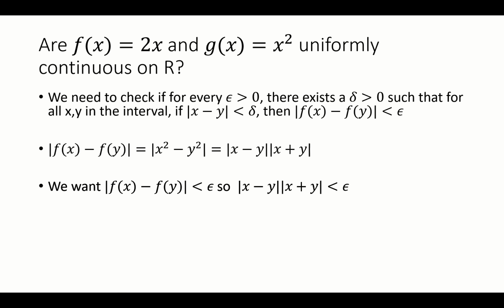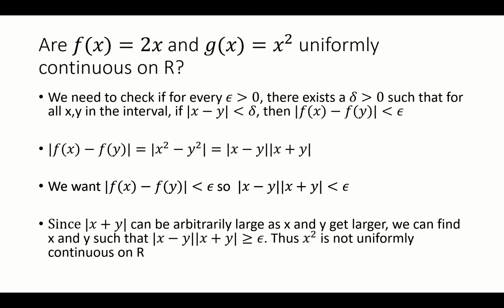So if we consider the expression the absolute value of x plus y right here, we see we have the absolute value of x minus y multiplied by the absolute value of x plus y. Basically, if we make x and y arbitrarily large, then this will no longer depend on epsilon. And so you can make it even bigger than epsilon.